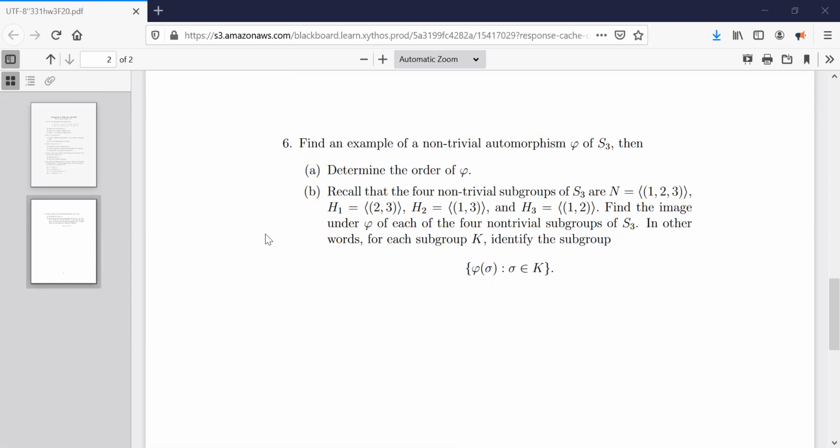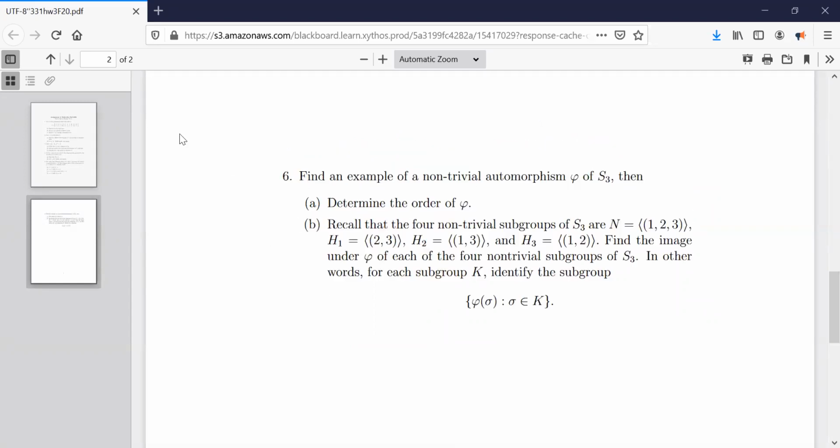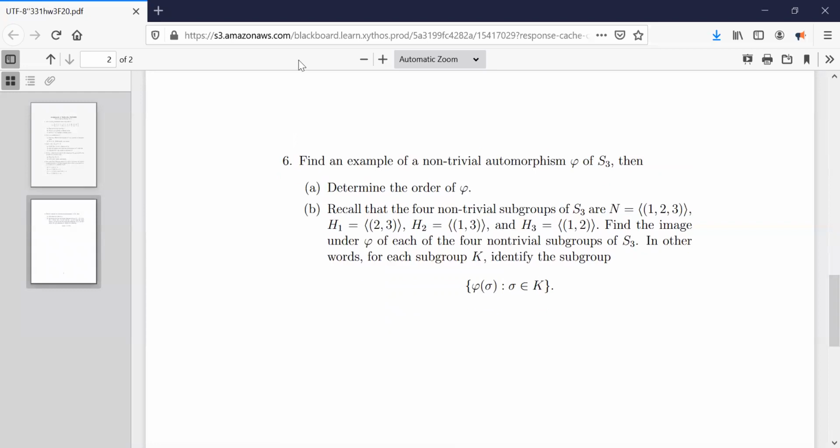So if I thought it only had 6, what I would have told you guys to do is just straight up make the Cayley table, because that wouldn't take that long. But I'm pretty sure that if it's 12, then that is going to take a long time.